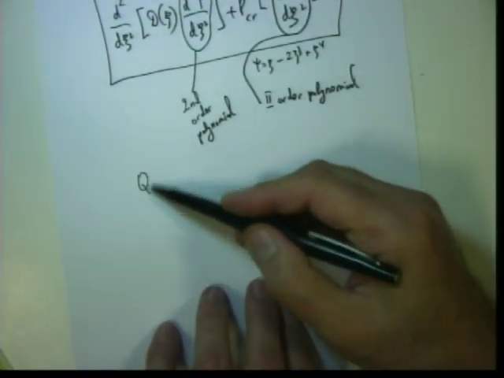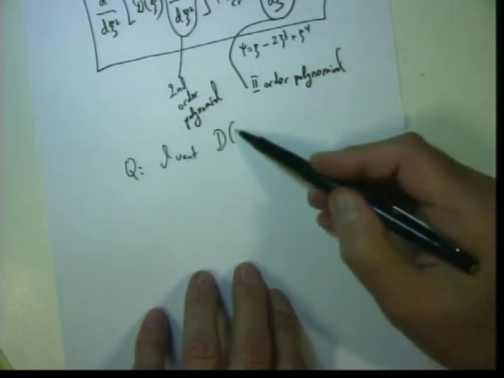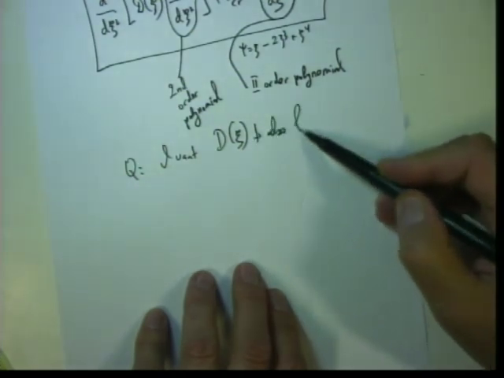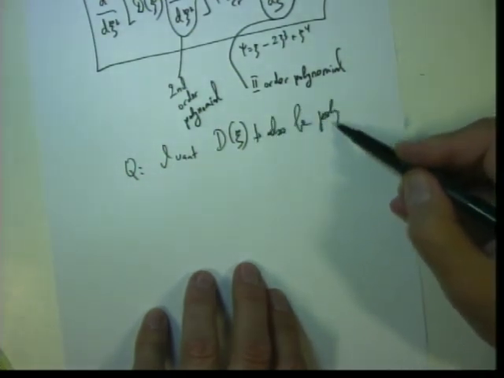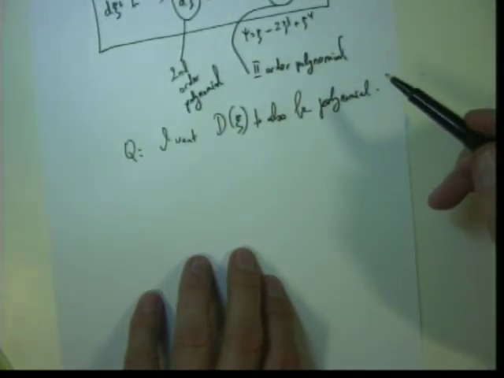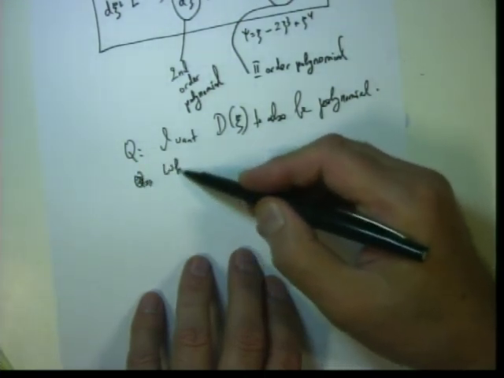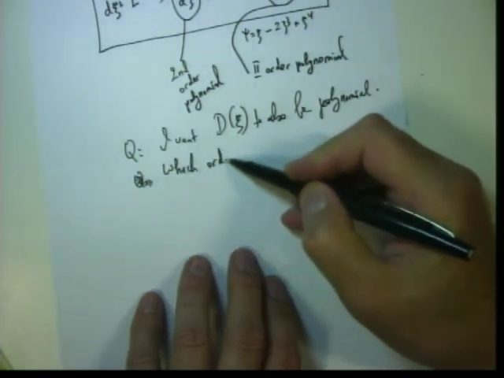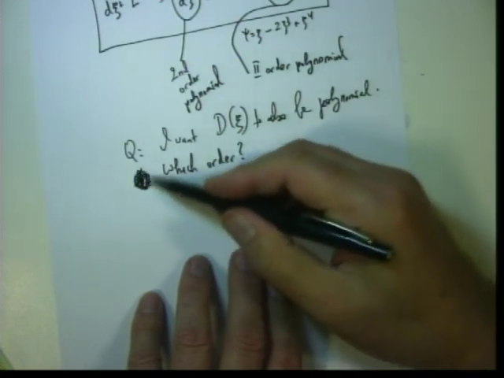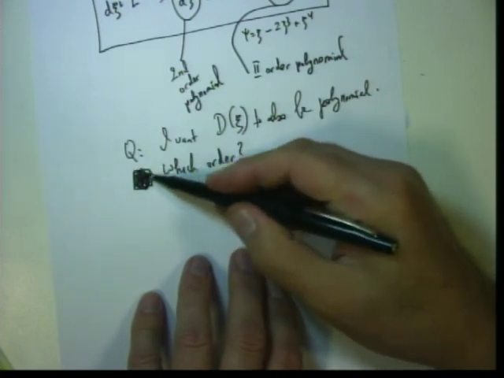Now question, I want D of xi to also be a polynomial. Now question, which order?